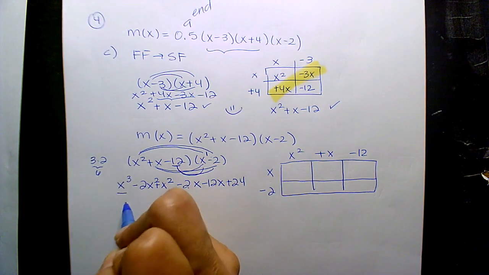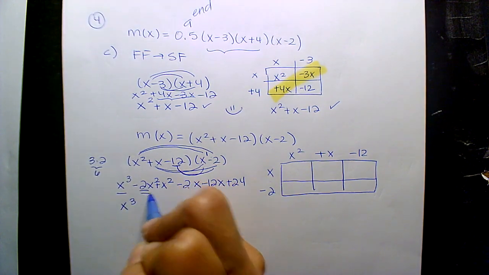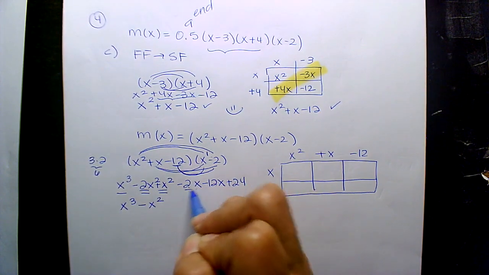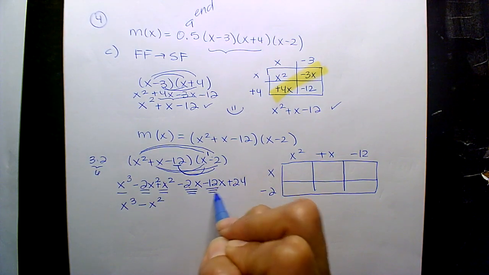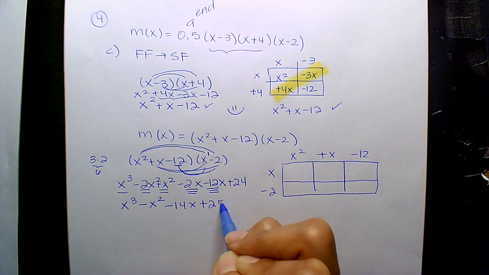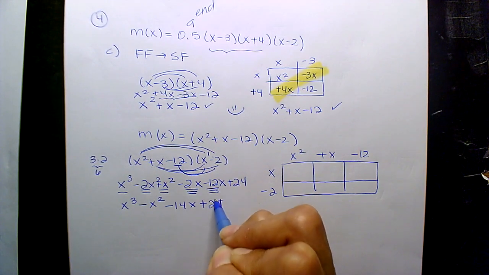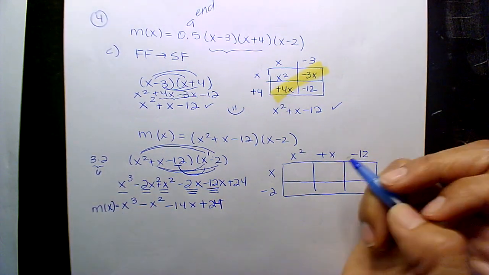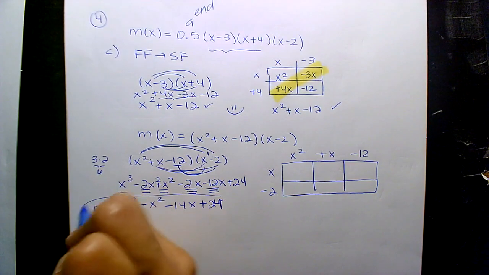All right, so x cubed, negative 2 plus 1, negative x squared, negative x, negative 14x, and positive 24. Okay, here, so this would be my standard form.